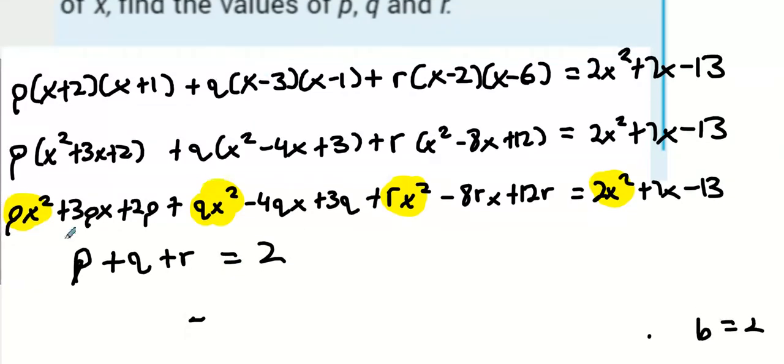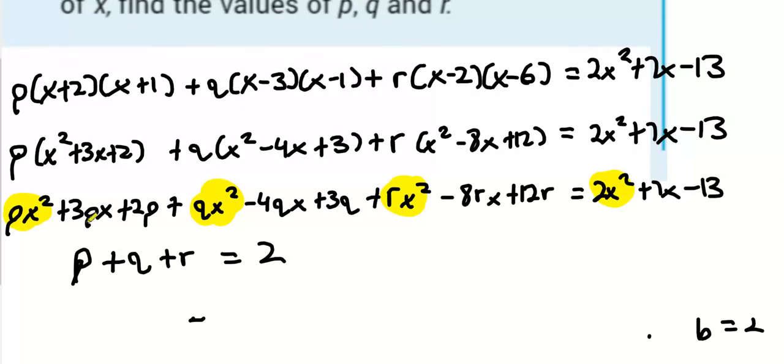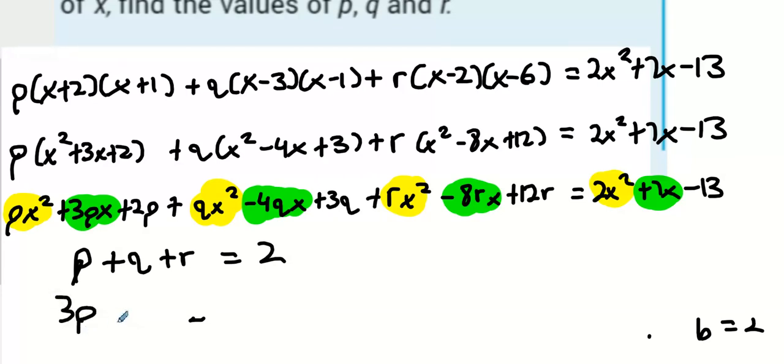Now the second one, if we go for targeting again, 3px minus 4qx minus 8rx equals 7. So that is going to be 3p minus 4q minus 8r equals 7.